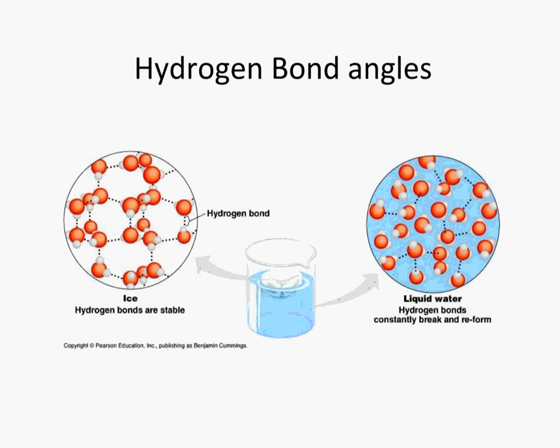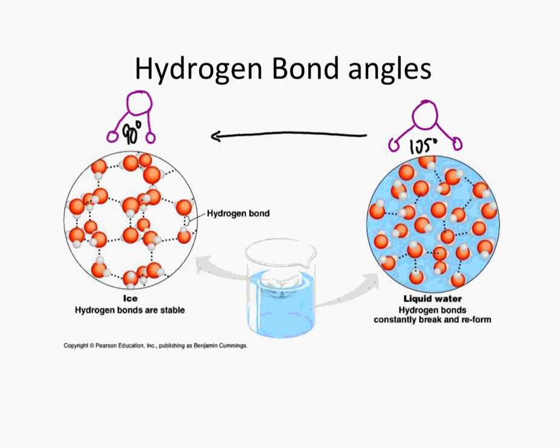Liquid water looks like this, and this angle right here is 105 degrees. When water freezes, that angle shrinks to 90 degrees. Now, what does that cause to happen?